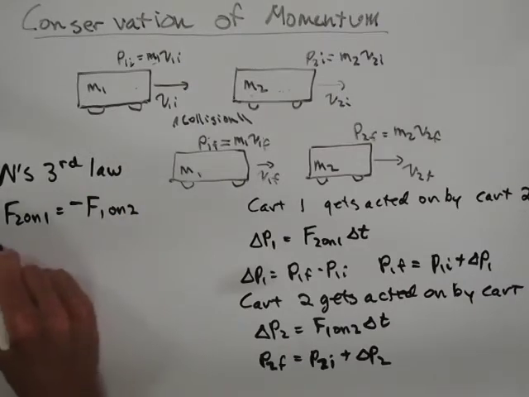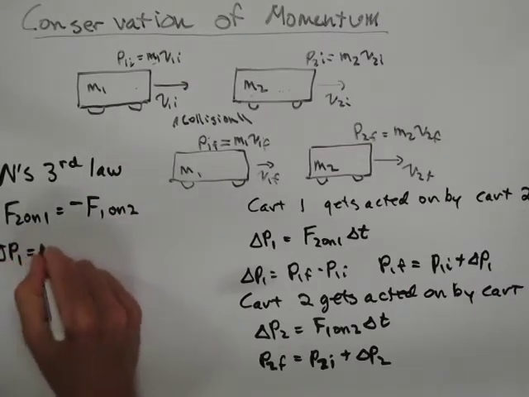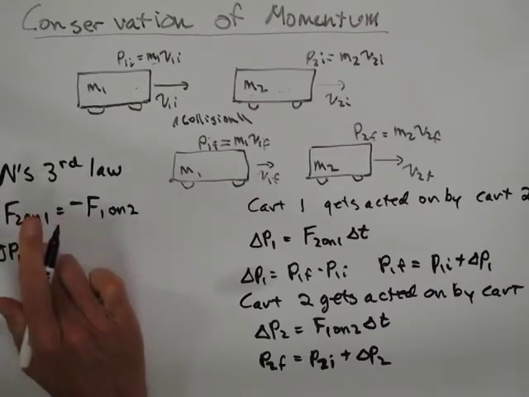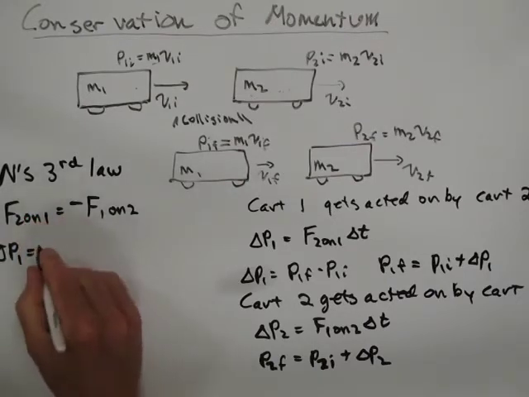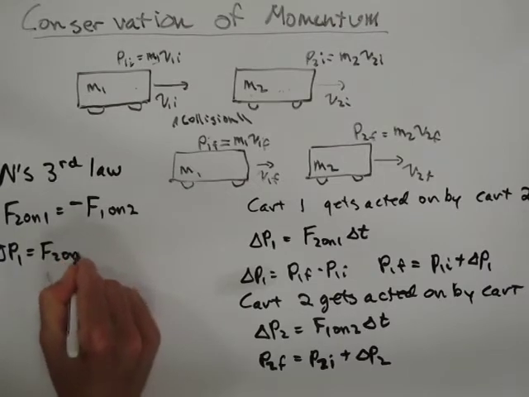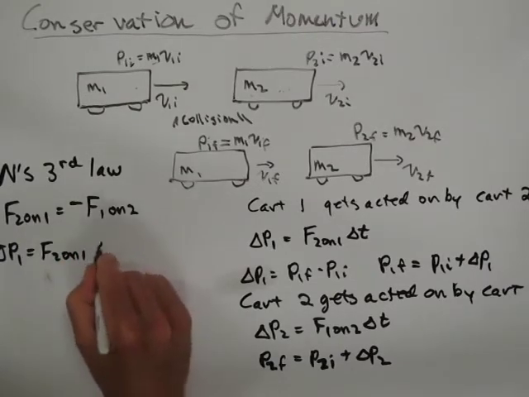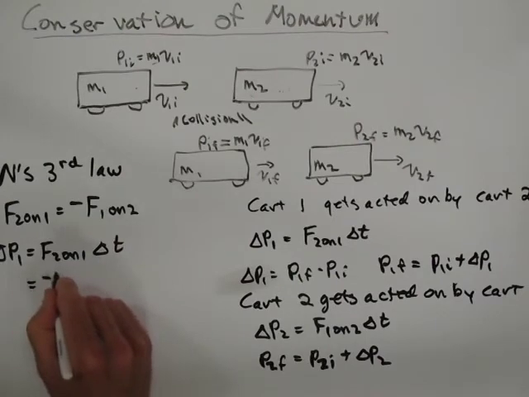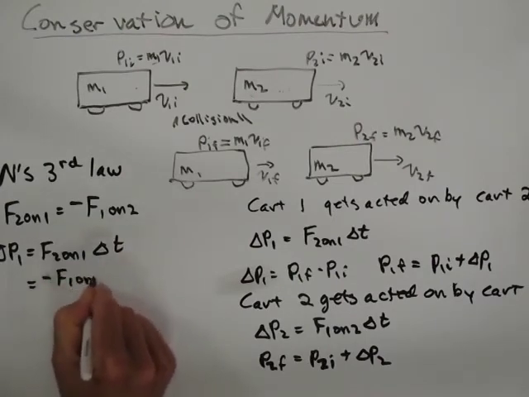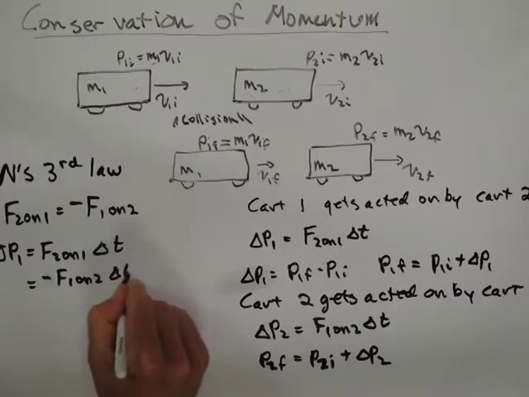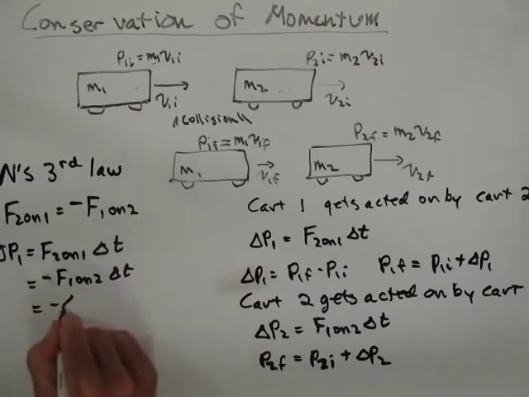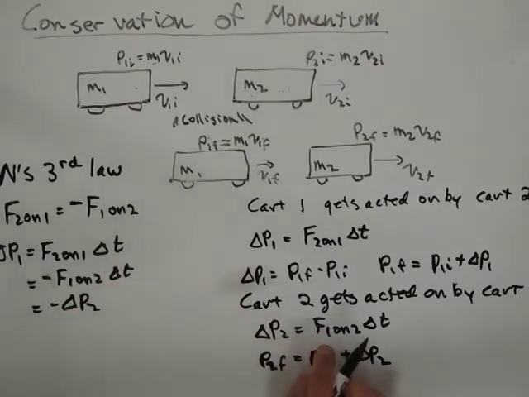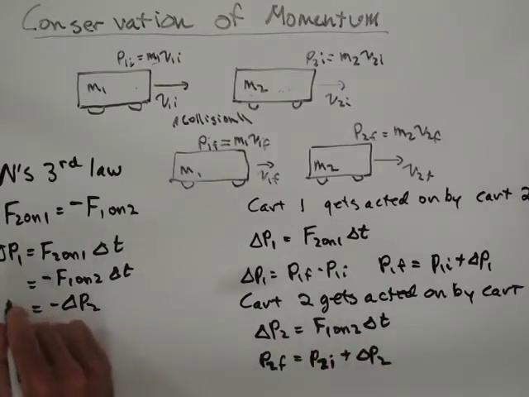And so delta P1 is equal to F2 on 1 times delta T, right? And that's equal to minus F1 on 2 times delta T, which is minus delta P2, because delta P2 is F1 on 2 delta T.